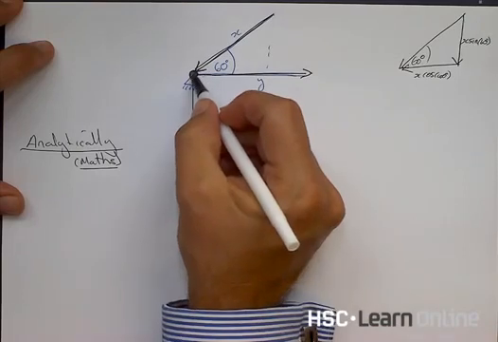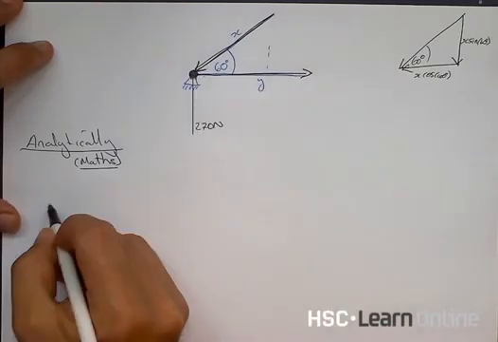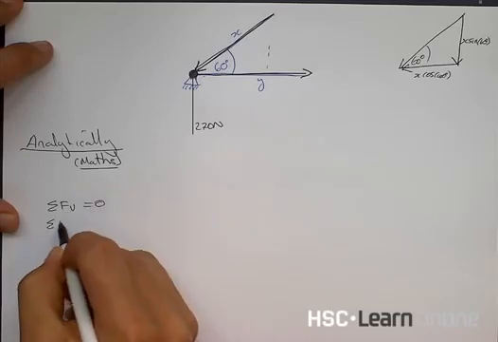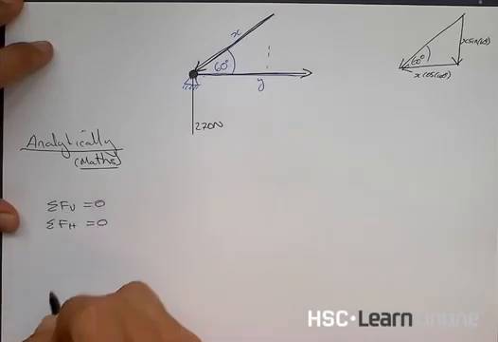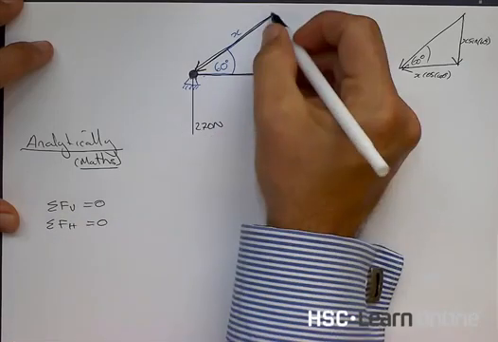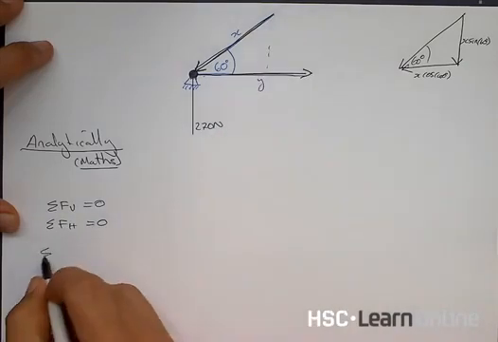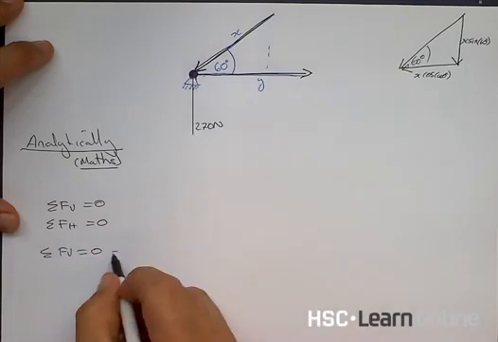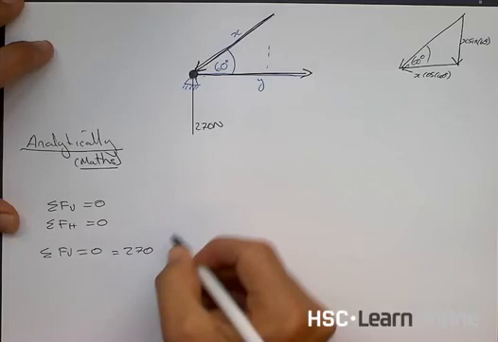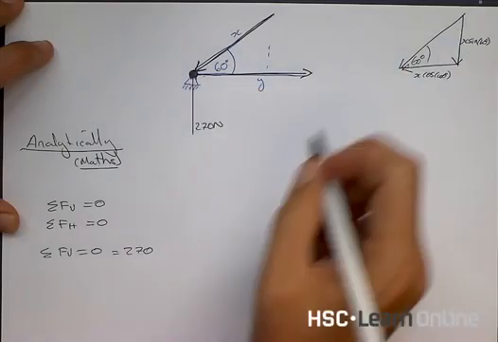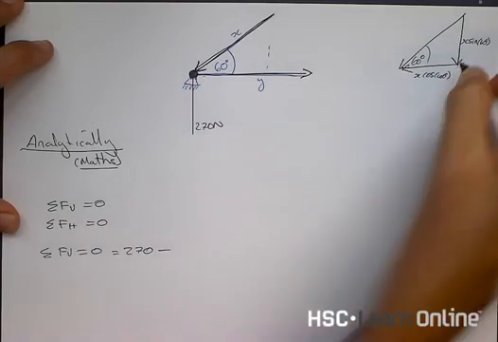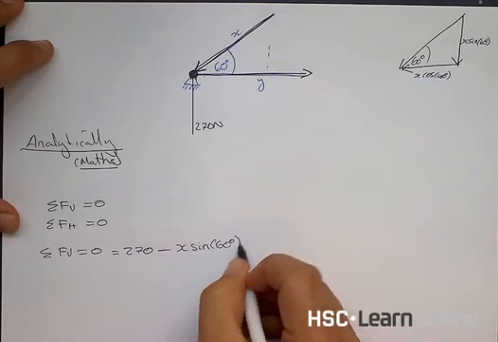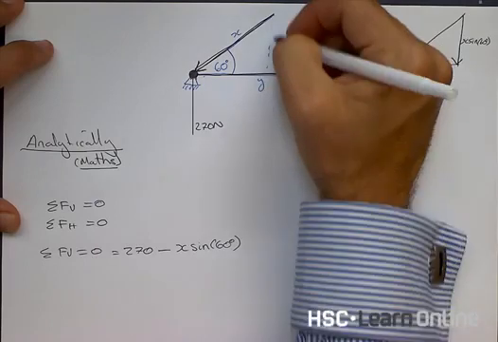And if we know that this joint is in equilibrium, we know that the sum of the forces vertical is equal to 0, and the sum of the forces horizontal is equal to 0. So let's look at the vertical parts first. Sum of the forces vertical equals 0. That means this 270 going up minus X times sine of 60 equals 0, because that's going to come down.